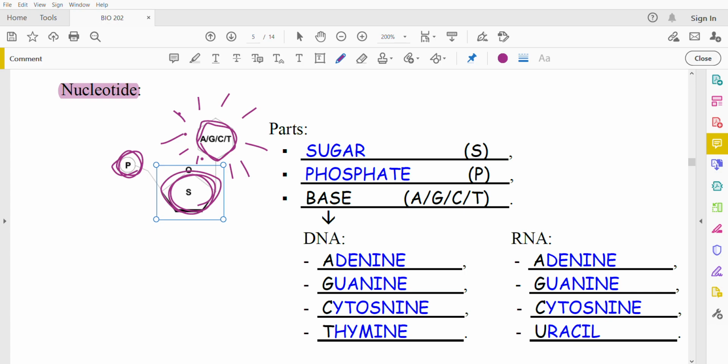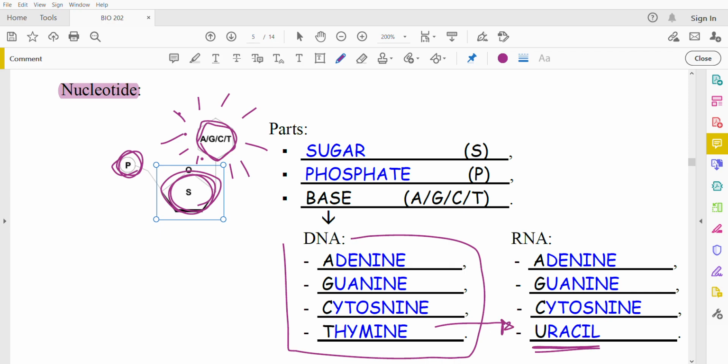And we had different kinds of bases, and we see our potential bases here. So we have adenine, guanine, cytosine, and thymine in DNA. RNA is the same, with the exception that here, instead of thymine, we have uracil. So that's the difference in the bases between DNA and RNA.